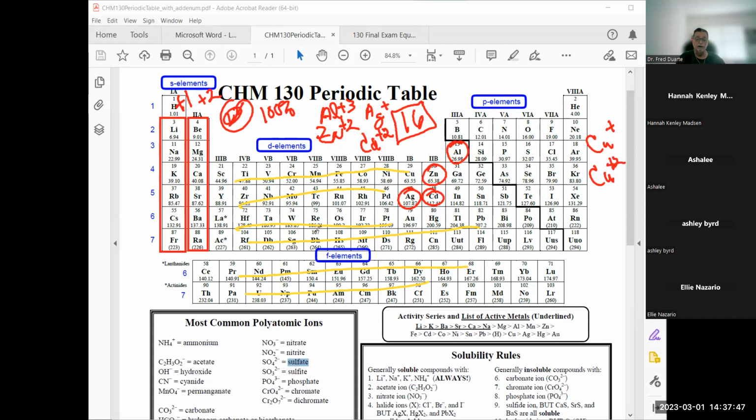We can't predict that. Those that are circled in red, 100% of the time. And because of that, when we start naming them, we're not going to use what we call Roman numerals. Okay, I'll explain that in a second. So if you have sodium chloride, it's simply sodium chloride. Magnesium chloride, simply magnesium chloride, or zinc chloride, simple, whatever it may be. Okay. All right.